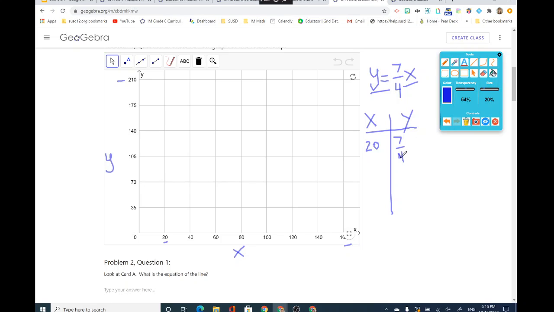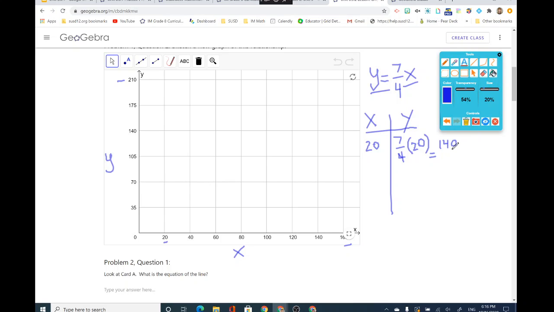7/4 times 20. I'm going to use parentheses instead of the asterisk. Remember that the parentheses mean you're going to multiply something. So this is equal to 7 times 20 divided by 4. 7 times 20 is 140.